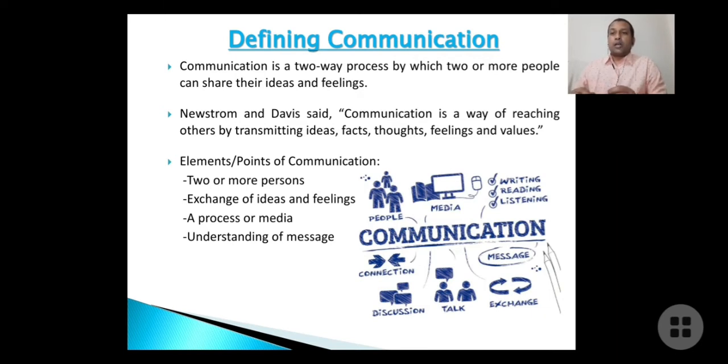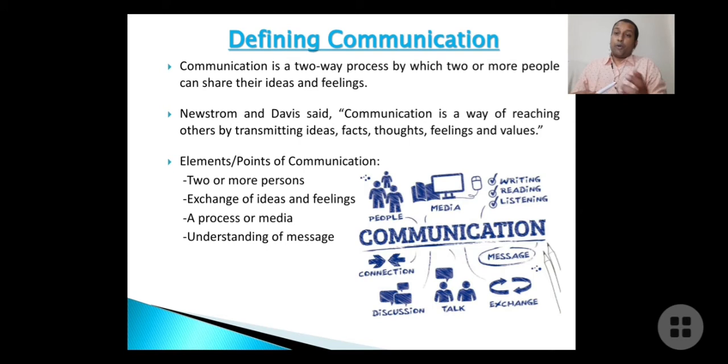That is, it is a way through which facts, thoughts, feelings and values can be shared with others. That could be in case of an organization, that could be in case of a state. Two states could communicate with each other through the foreign affairs department, the foreign ministry.